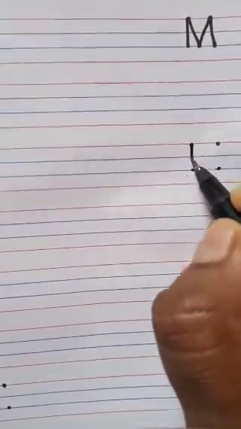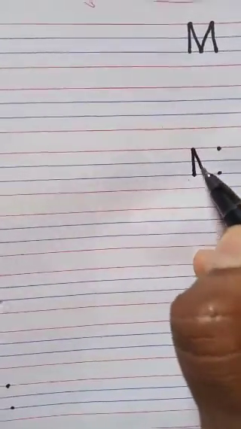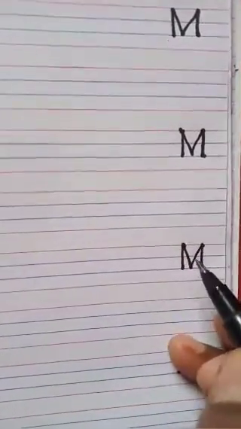Again we do standing line, slanting and again a slanting and a standing line. Letter M. Again we do kids. M for moon. Again kids. M for man.